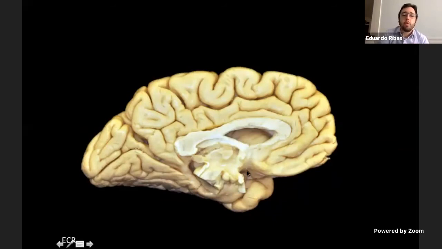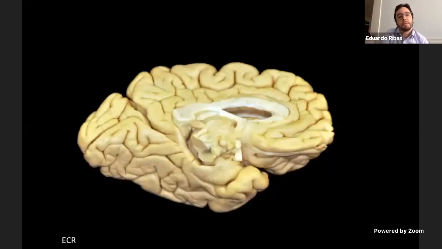The limbic lobe will be wrapping around the central core, particularly the thalamus, and this is why it's called limbic. Limbic means wrapping around. So the limbic system will have basically two Cs. It has an outer cortical C made by the parahippocampal gyrus that continues with the cingulate gyrus.